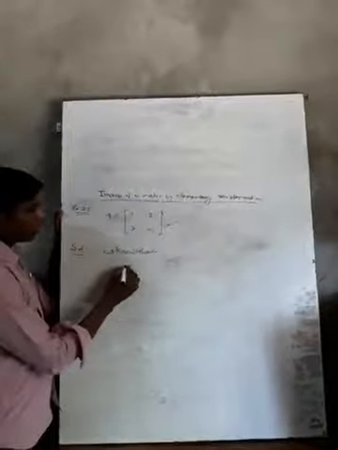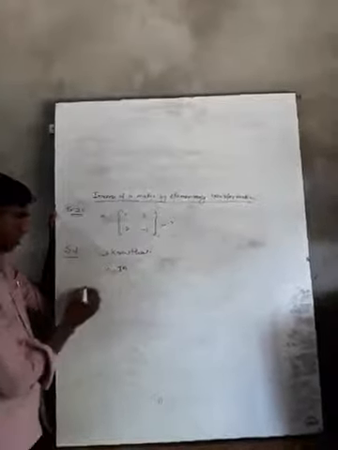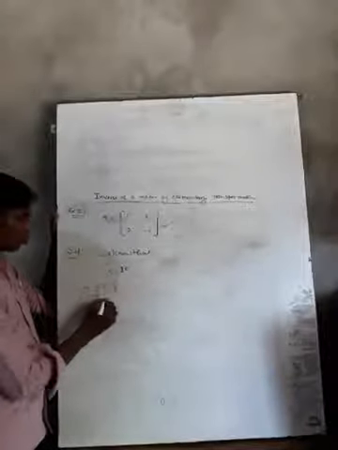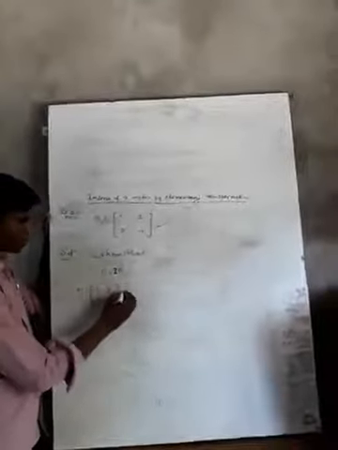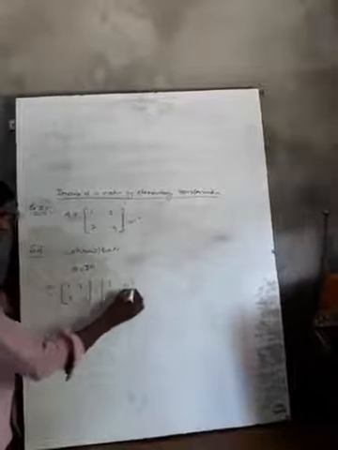When you multiply any matrix with the identity matrix I, you get the same matrix. So A is equal to IA. Now in the place of A, we can write [1, 2; 2, -1]. In the place of I, we can write [1, 0; 0, 1], this identity matrix. Here we can write A. Now here we have to apply the step.